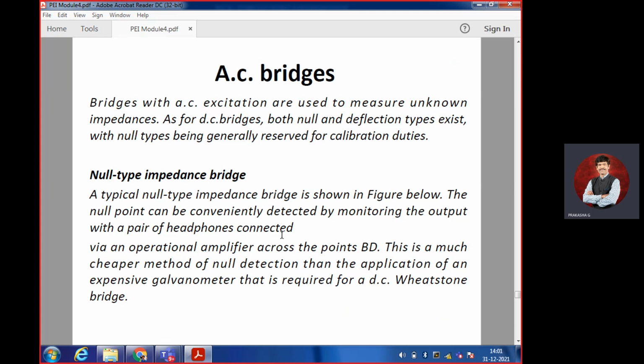Assume I need to get 5 volts, but I am getting 4.5 volts. I need to set it to 5 volts, so I should reduce the resistance. Just tune it, and once you tune it, your output will become 5 volts.